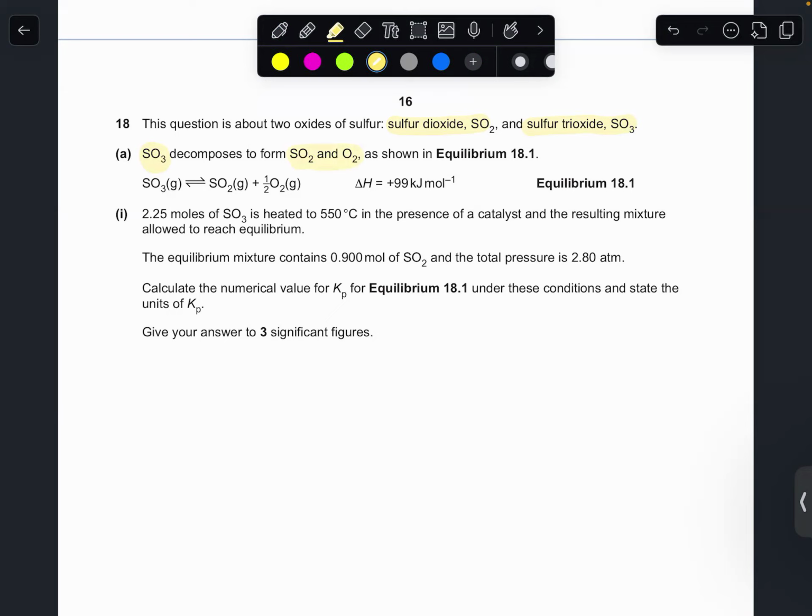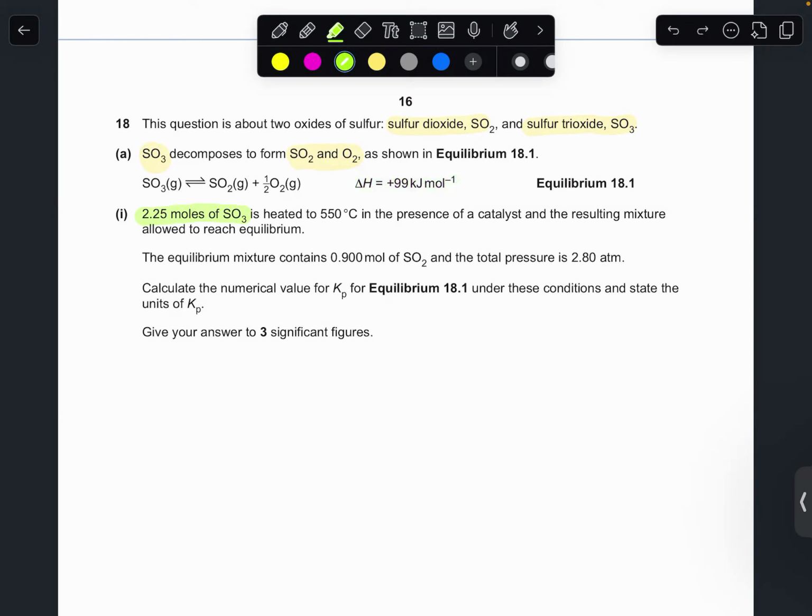It's asking you that you've got the initial amount of sulfur trioxide heated at 550 degrees Celsius in the presence of a catalyst. So the temperature is to get the reaction going, the decomposition going. And as you can see, it's an endothermic reaction from the delta H value.